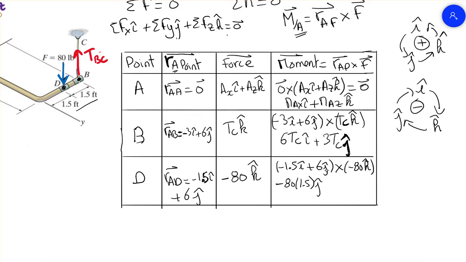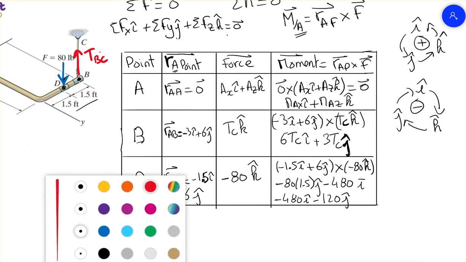And 6, j cross k is plus i, so 6 times 80 with a minus, so minus 480 i hat. Let's write it in the right direction: minus 480 i hat, and minus 80 times 1.5, minus 120 j hat.